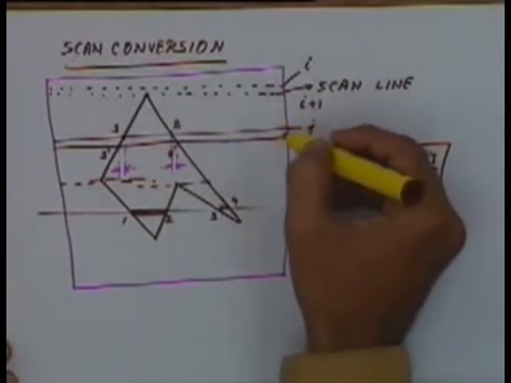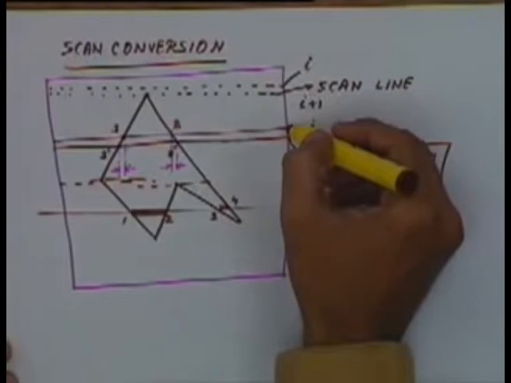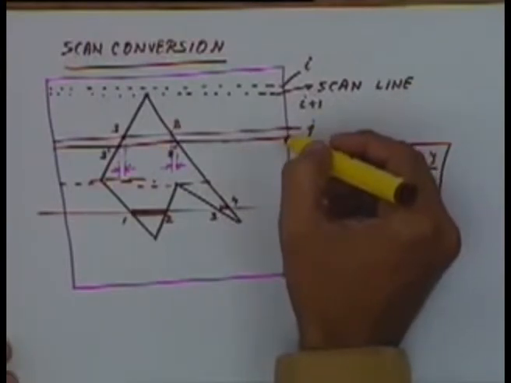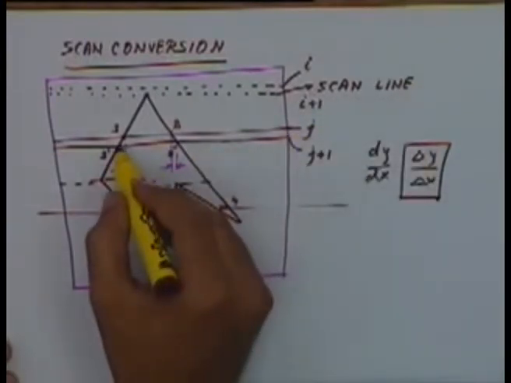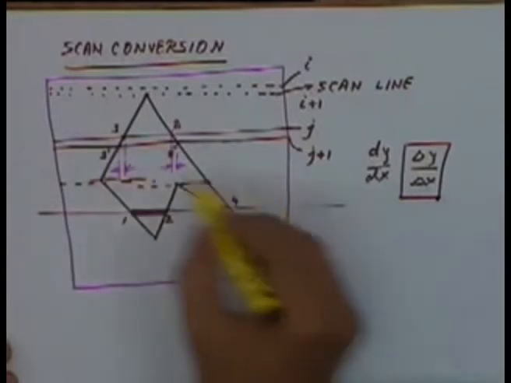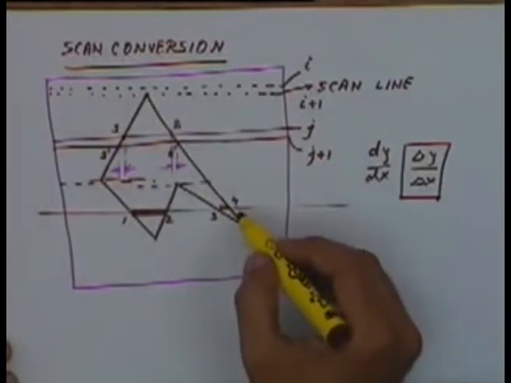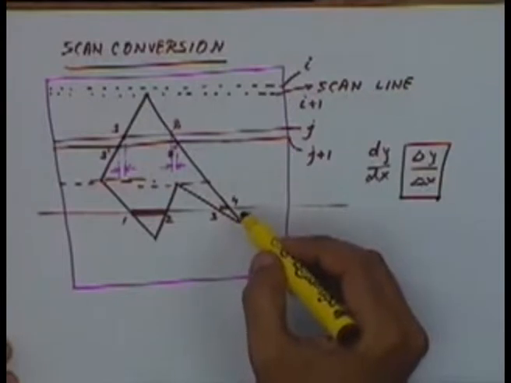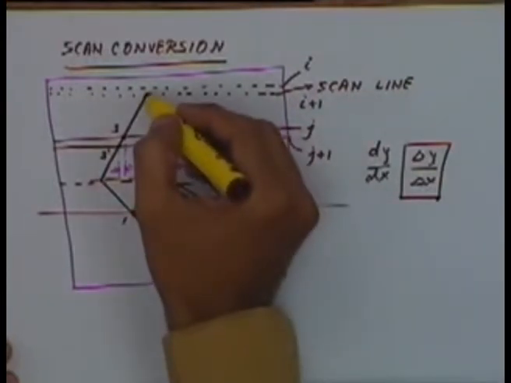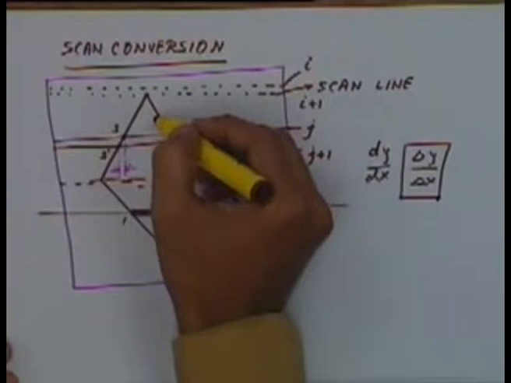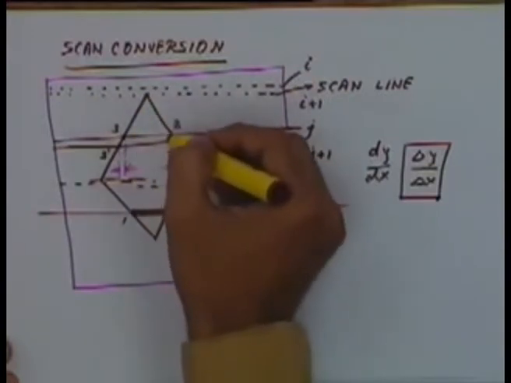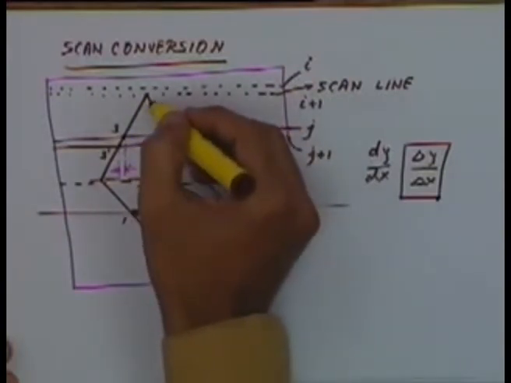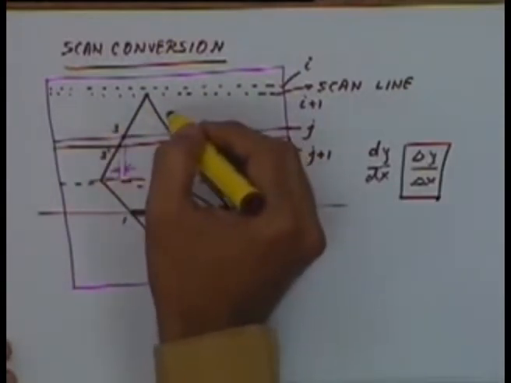If you know which pixels are inside at this scan line, at the next scan line I will only change the intersection points by amounts equal to the slope of the edges. If I know that at this point two edges are going to start, I will just take care of these two edges, compute their intersection points and display all the points which are inside.